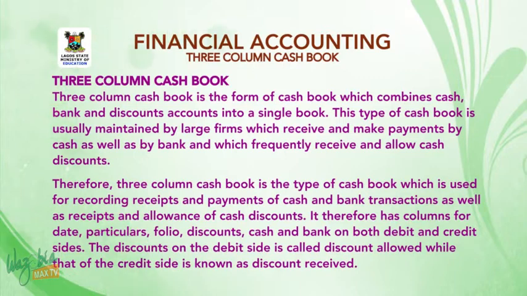Therefore, 3-column Cashbook is the type of cashbook which is used for recording receipts and payments of cash and bank transactions, as well as receipts and allowance of cash discounts.